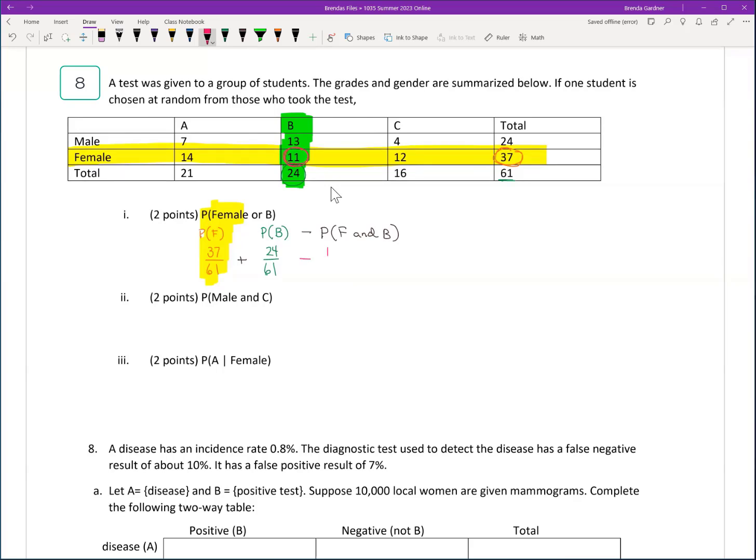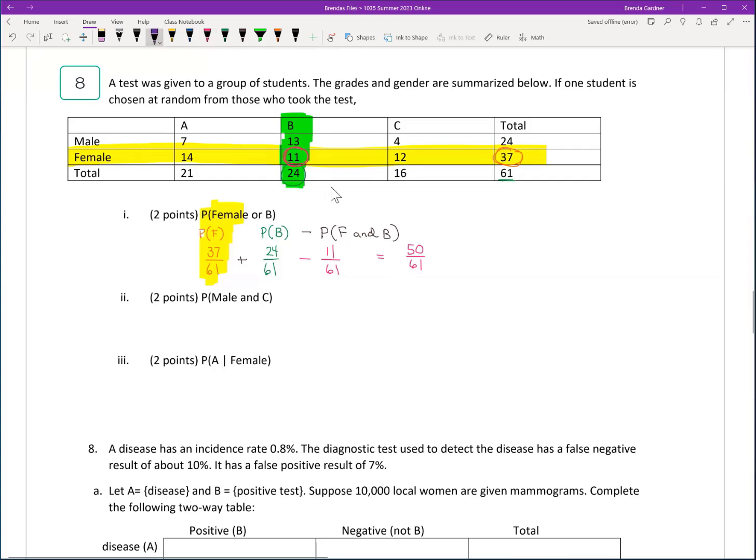So I'm going to subtract out 11 of those students. So I get 37 plus 24 minus 11, or in other words, 50 out of 61. In a question like this, I would accept either a fraction or a decimal unless it told you otherwise, although I like fractions.